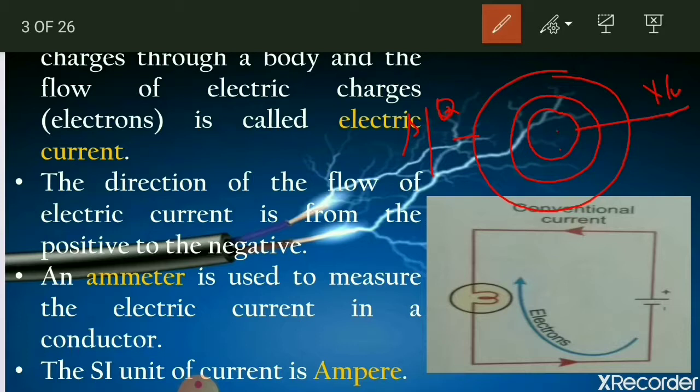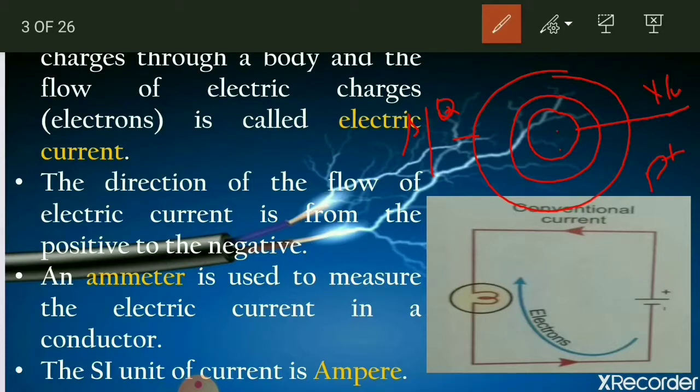Now atoms basically have three types of particles: positively charged particles, negatively charged particles, and neutral particles. Positively charged particles are called protons, they have positive charge.